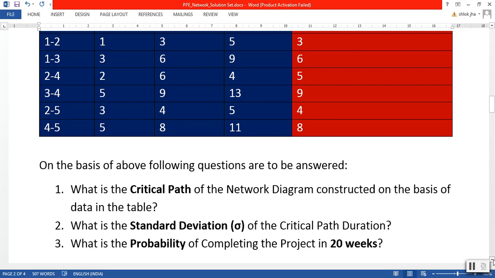Third, and the most important, which is the heading of this slide: what is the probability of completing the project in a specified time? Here time is 20 weeks. What is the probability to complete the project in 20 weeks? So we will try to find out the answers to all these three.